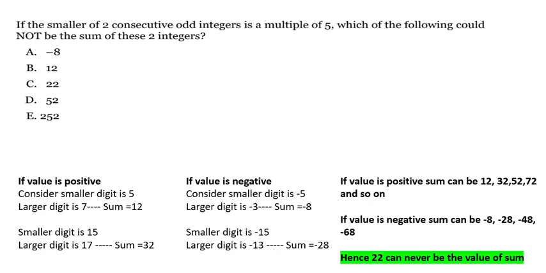I can get 52, I've seen 52 is a possibility. And if you extend the numbers 12, 32, 52, 72, 92, you would get 252 also as an option. So considering this, 22 is the only number that cannot be the sum under the given condition. So the answer is option C, 22.